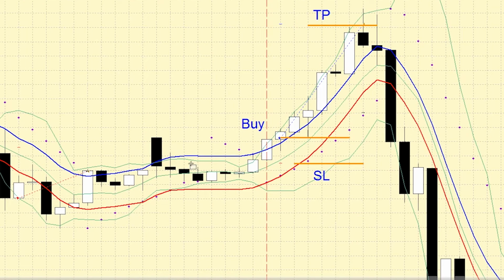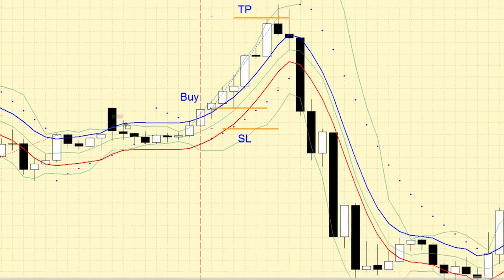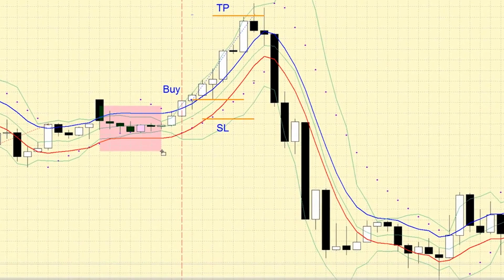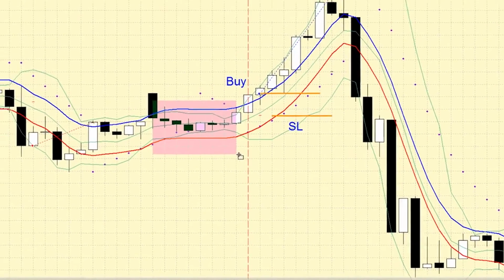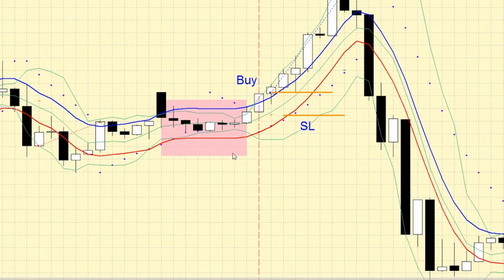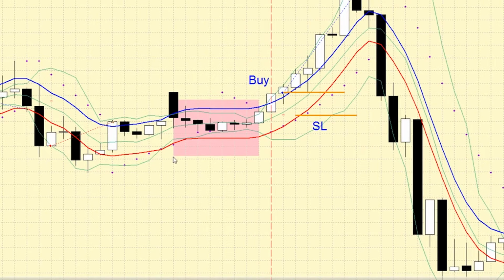We see that the Bollinger Bands indicator is squeezed and lies between the two lines, the red and blue lines of the Envelopes.